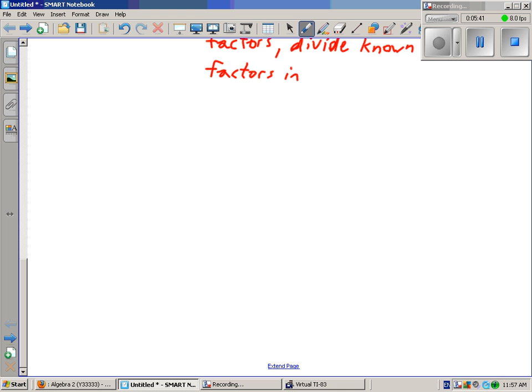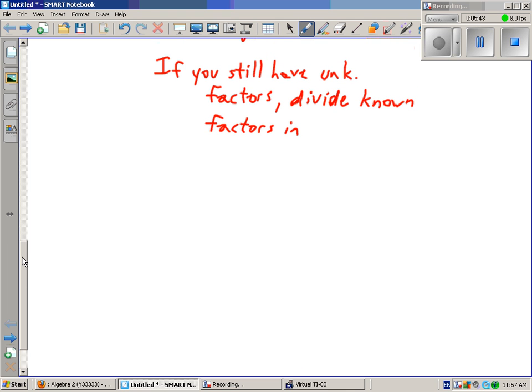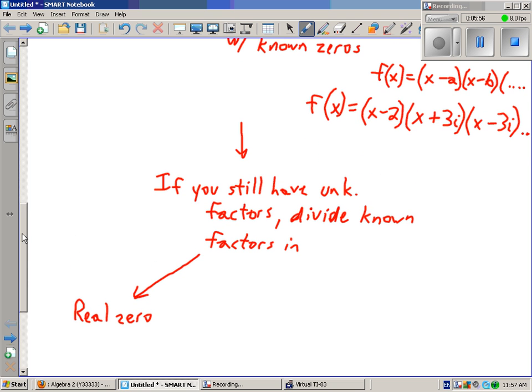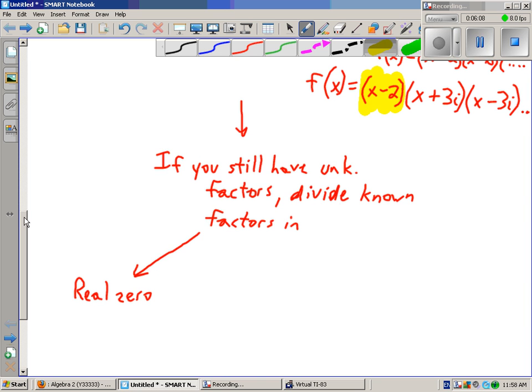If you have a real zero, for example, in this above example where I just wrote these in, this x minus 2 term, I'm going to go ahead and highlight it. This x minus 2 right here, that's a real zero. When you divide that in, the easiest thing to do is going to be to use synthetic division.